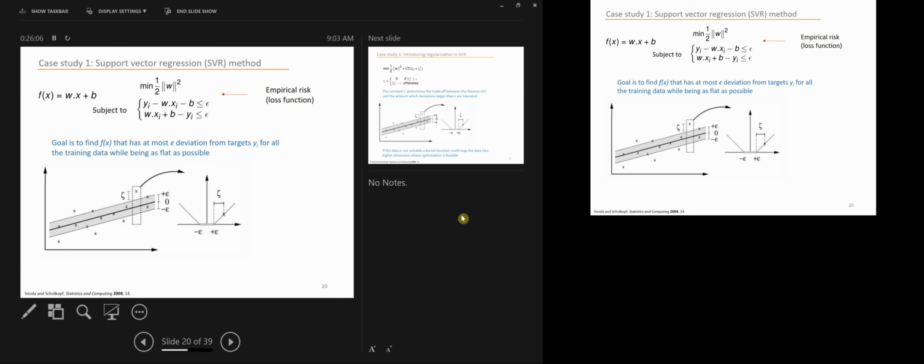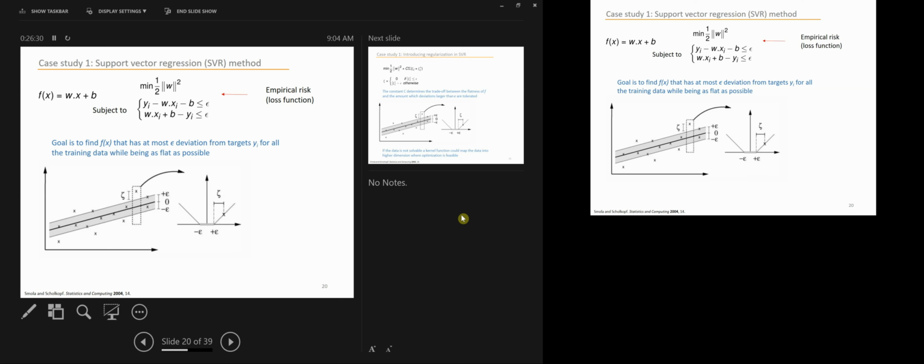Basically, the goal of support vector regression is to find a function f that has at most epsilon deviation from the target while being as flat as possible. The reason we are looking for a flat function f is that as function f gets more and more complex, it's less likely to be able to generalize.